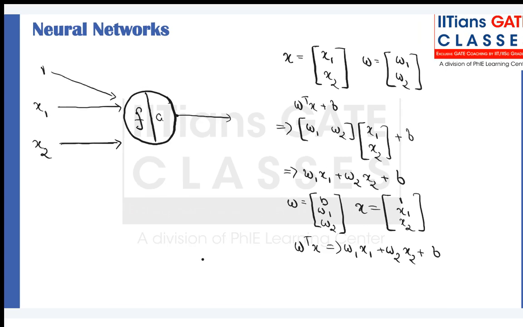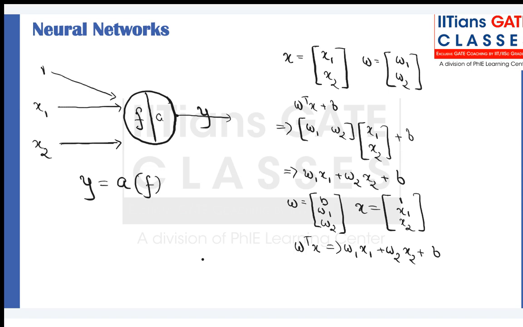So Y is nothing but A. Now what is A? A is a very generic term and it is called an activation function. And activation function means the non-linear functions that I introduced in the beginning of the lecture. It takes as input F. And what is F?